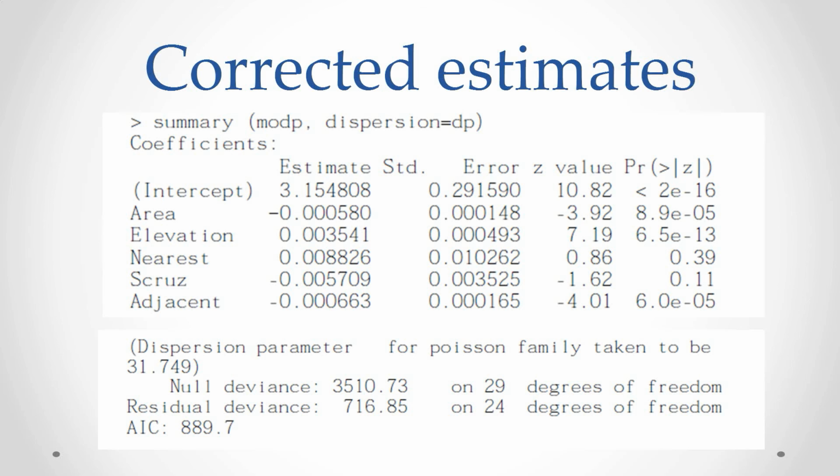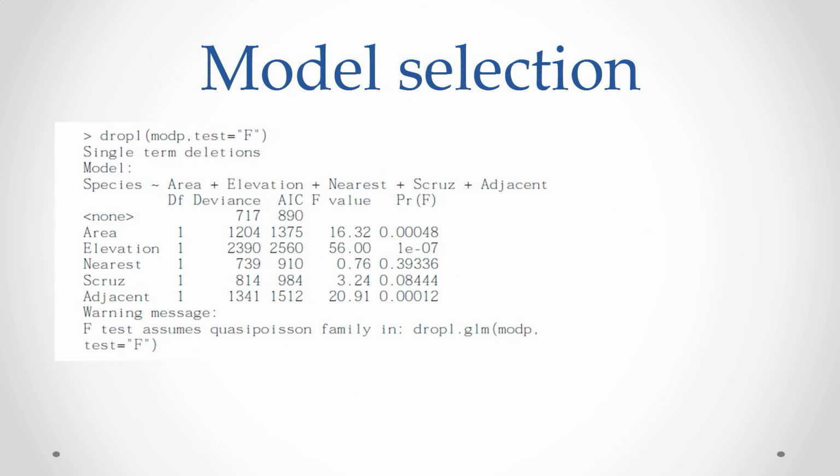We can next update the regression coefficients using the dispersion equal to the scale parameter which we have just constructed. An alternative could have been to fit quasi-Poisson regression. Note from this slide that the coefficients do not really change. However, there is a difference in the standard errors and hence in the z values and the corresponding significances. Finally, model selection.